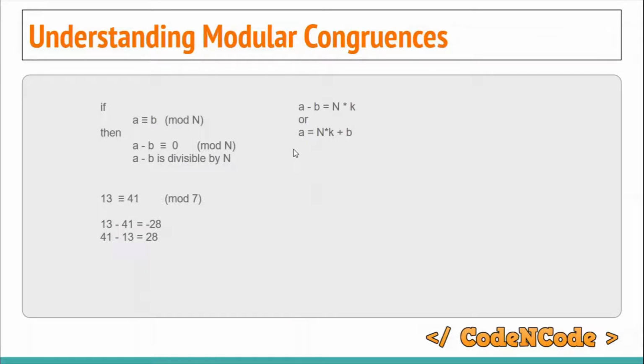Now we know if a minus b is divisible by n, then we can write a minus b is equal to n times k, where k is some integer, can be positive or negative, or even 0. Now if you manipulate the equation, you can write it as a is equal to n times k plus b. This is an important equation.